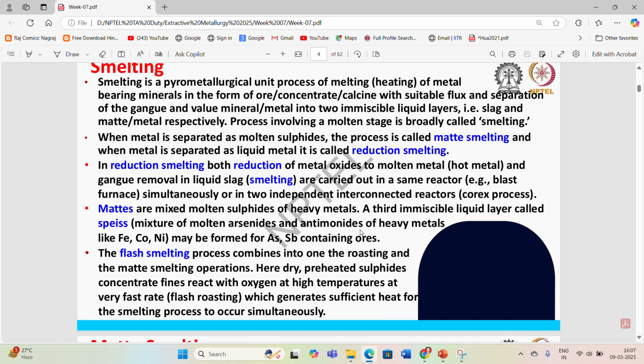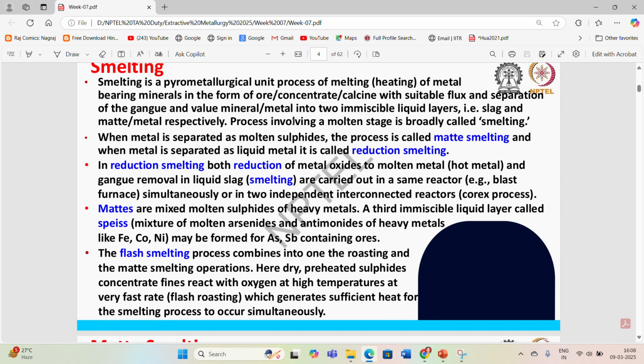So one layer is your hot metal, the other layer is your slag layer. The slag layer consists of most of the major gangue minerals present inside the ore concentrate, while the hot metal consists of valuable molten metal which we are trying to produce during that particular smelting process. So a process involving a molten stage is broadly called smelting.